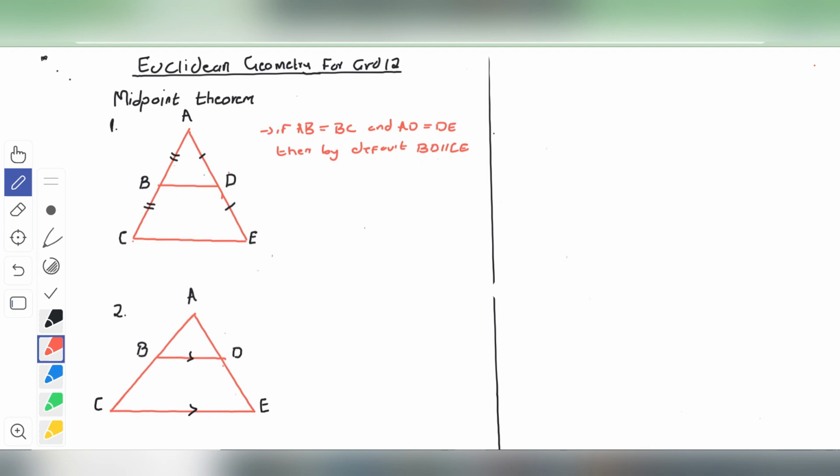And if BD is parallel to CE, therefore the length of BD is equal to half of the length of CE.